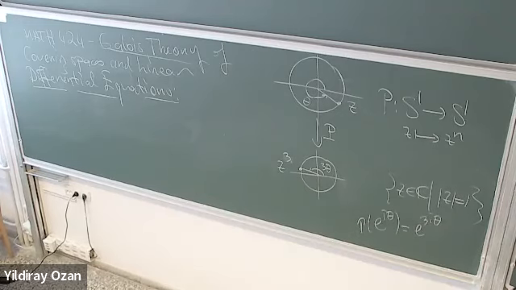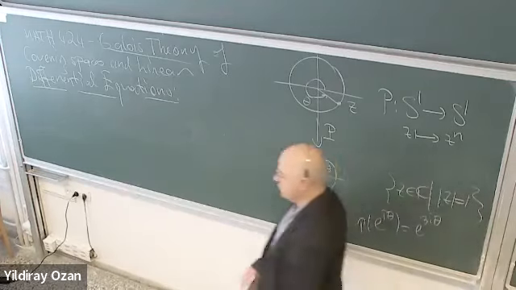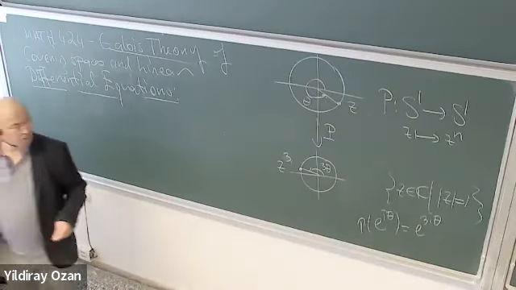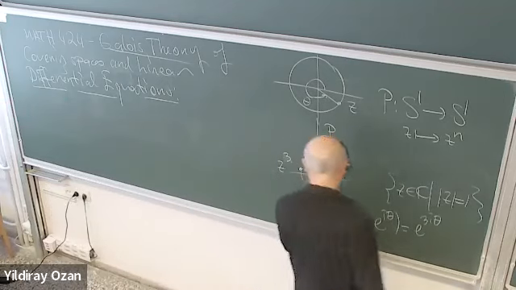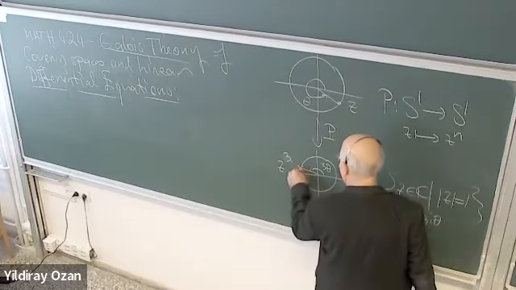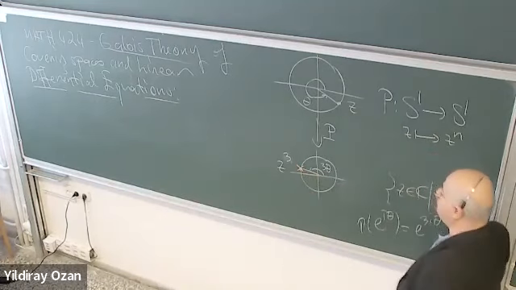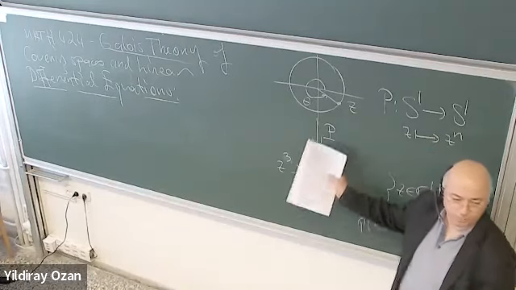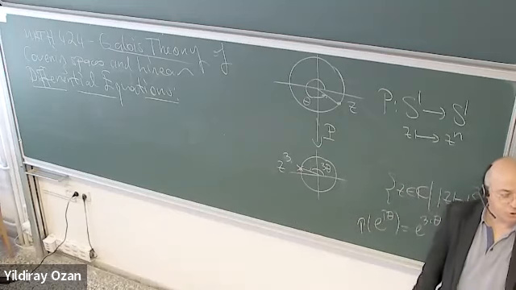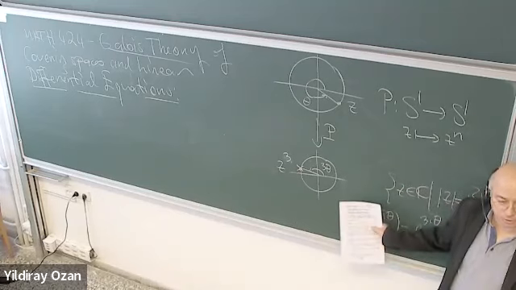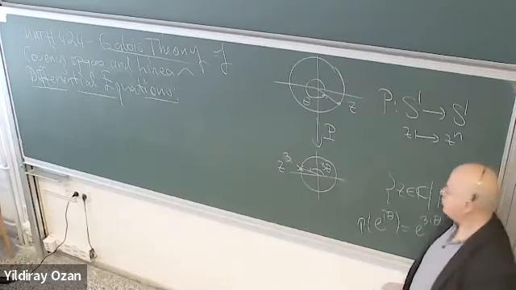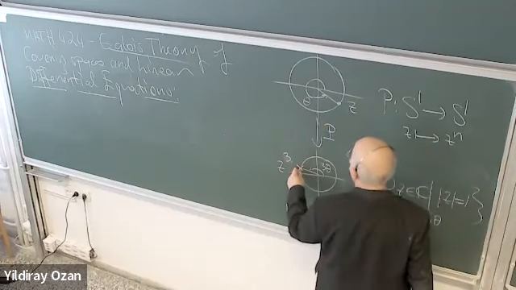So it is this map. And if you are, for example, at a point here, then in the preimage of this you have 3 points, because this is the map z goes to z cubed. So every complex number has 3 cube roots. So there are 3 numbers which are mapped to this one.